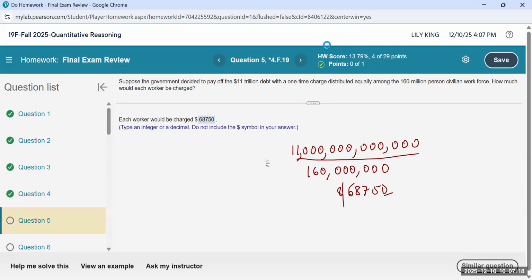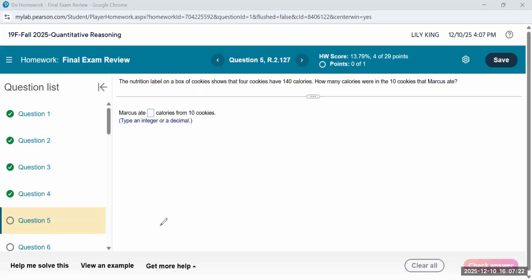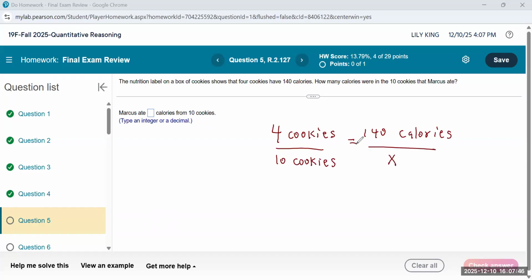Question 5. Question 5 is a proportion question. If 4 cookies contain 140 calories, how many calories will be in 10 cookies? We don't know. So you keep all cookies on one side and all the calories on one side, making sure the numbers correspond.